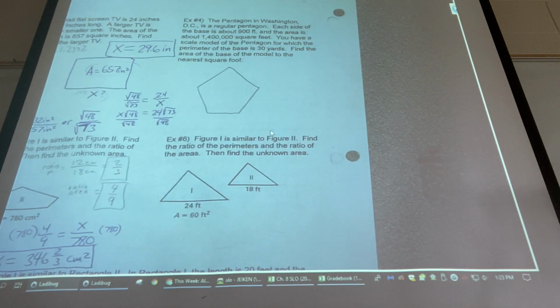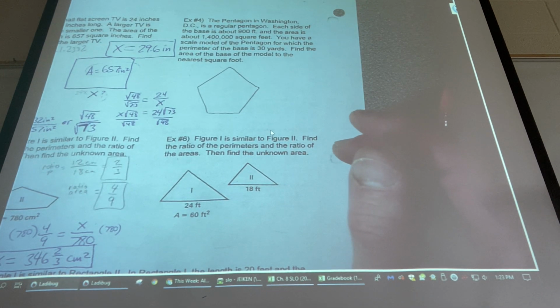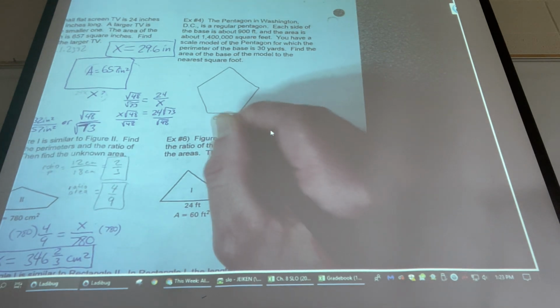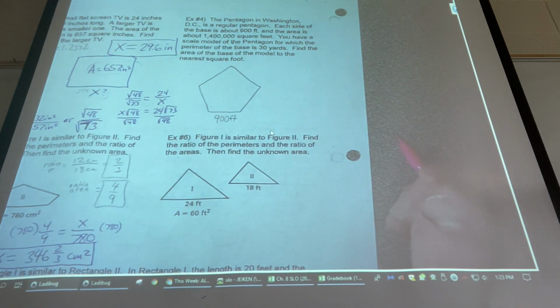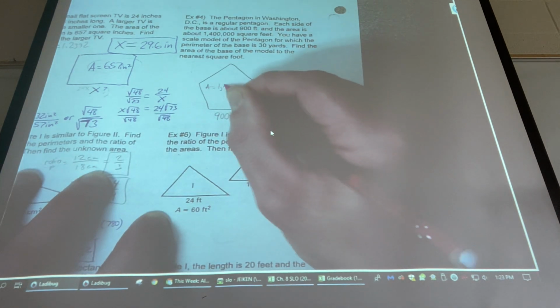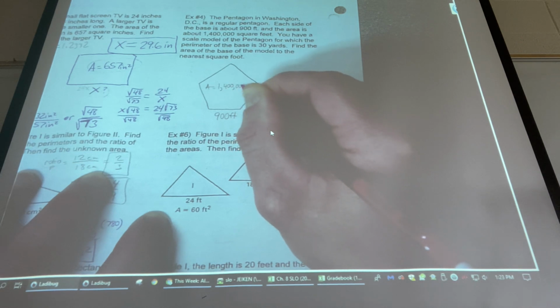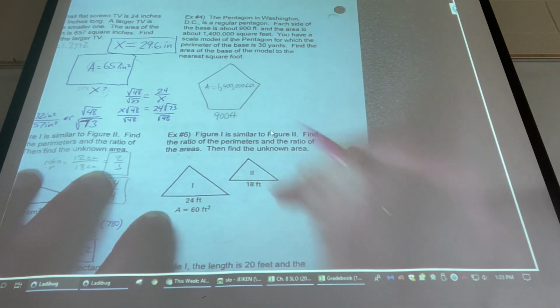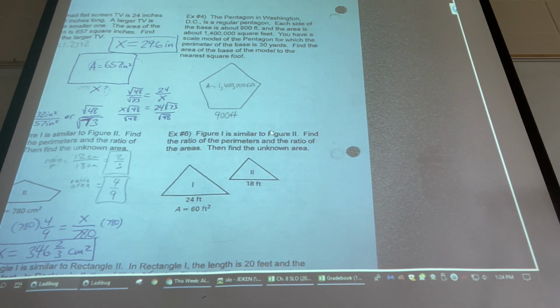And it says that each side of the base of it is about 900 feet, and the area is about 1,400,000 square feet. But it says you have a scale model of the Pentagon for which the perimeter of the base is 30 yards.